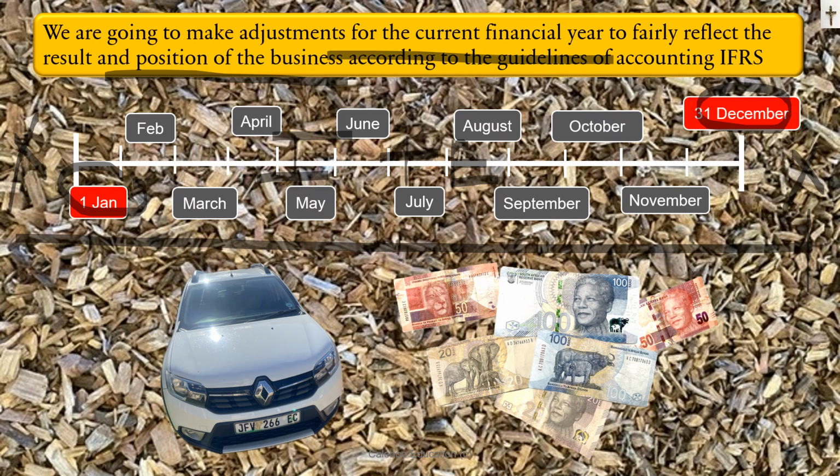We will have to make adjustments because we are reporting on the current 12 months. Also, you're going to have to make adjustments for, say, vehicles. If they're overstated, you're going to have to make an adjustment for your non-current assets.